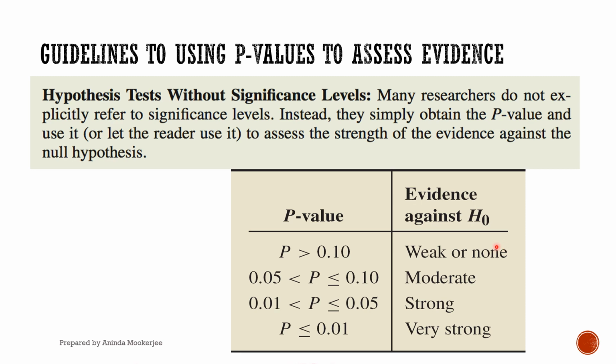The evidence is weak. If the p-value is between 0.05 and 0.10, it's moderate evidence. Therefore, we still do not reject the null hypothesis. If it is strong, that means if it is between 0.01 and 0.05, we will end up rejecting the null hypothesis, as well as if p is less than 0.01.